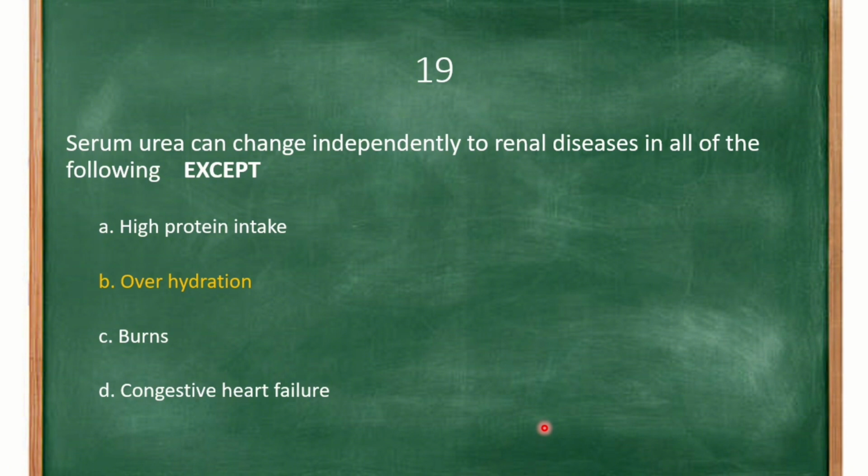Then C, burns can cause increased serum urea levels due to significant protein catabolism and increased nitrogen loss from damaged tissues. Then congestive heart failure can lead to elevated serum urea levels due to reduced renal perfusion and decreased kidney function. So from this, overhydration is the condition among the choices that would not independently lead to an increase in serum urea levels.